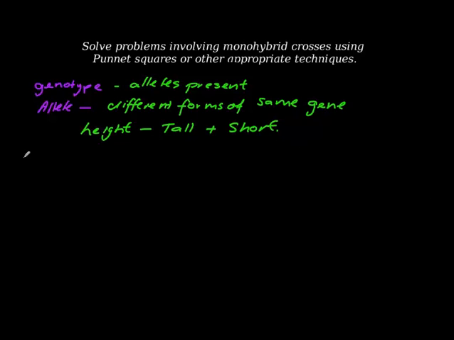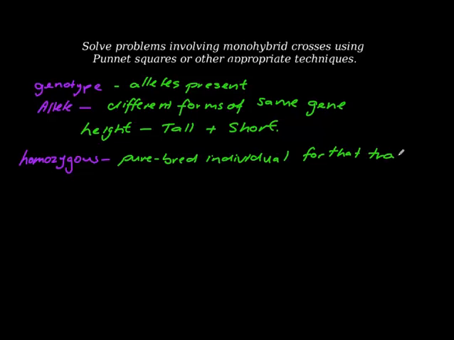Next word is homozygous. So homozygous genotype is a genotype where both alleles are the same. So it's a purebred individual for that characteristic or that trait. We can refer to that again as homozygous tall.